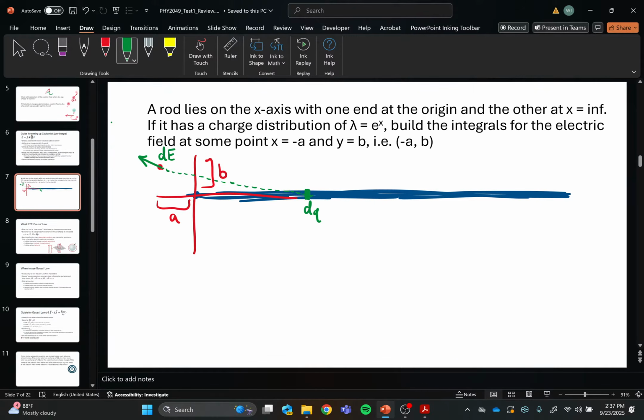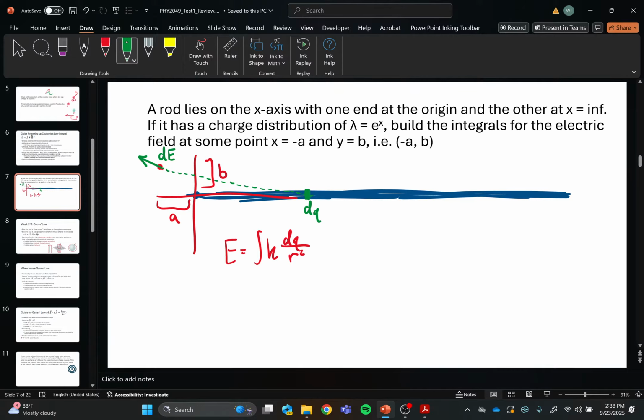Now, something we know we're going to need: if we start to write this integral, E equals the integral of k dq over r squared. I got my dq in my picture. What other variable shows up in this equation that's useful to show in the picture? Go ahead and label r on your picture. What does r represent?